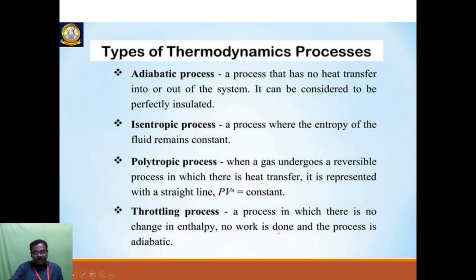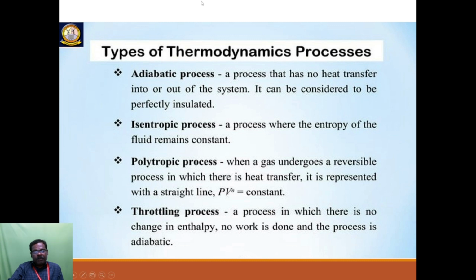Sudden expansion is also called throttling. So you have the adiabatic, isentropic, polytropic, and throttling processes. In addition to that, you have seen the constant pressure process, constant volume process, and constant temperature process.